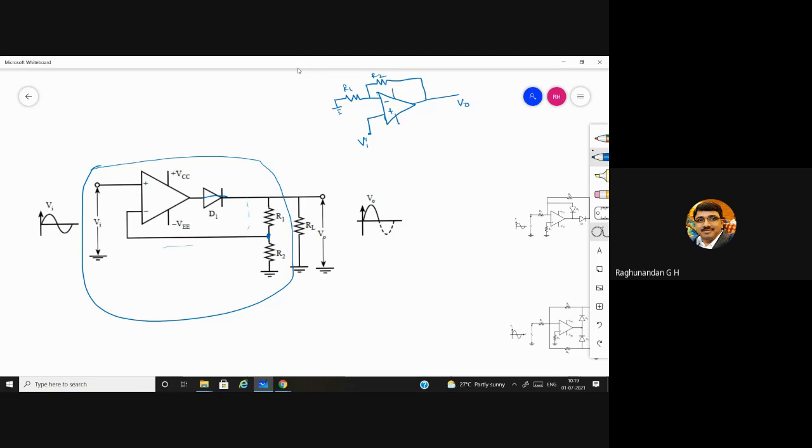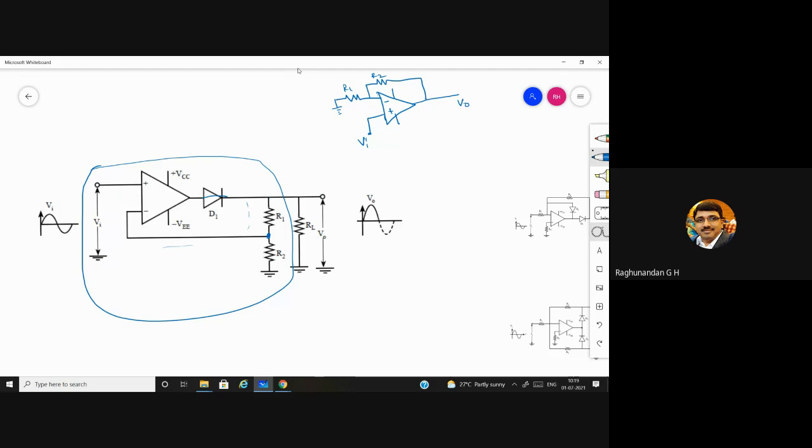Do you remember which circuit it is? Non-inverting amplifier, sir. Yes, it's a non-inverting amplifier.